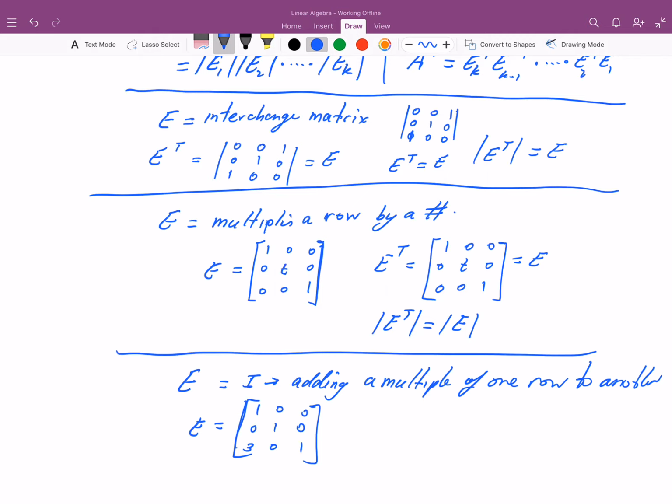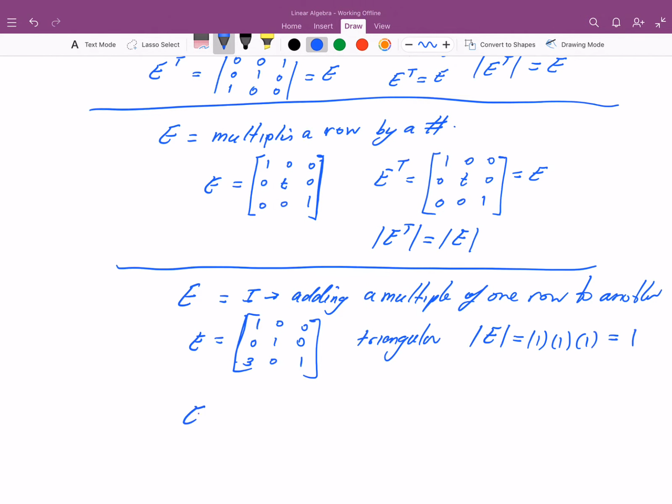But what type of matrix is this? This is a triangular matrix. It'll always be a triangular matrix. And the determinant comes from just multiplying the diagonal entries. So for this type of elementary matrix, the determinant is always 1.